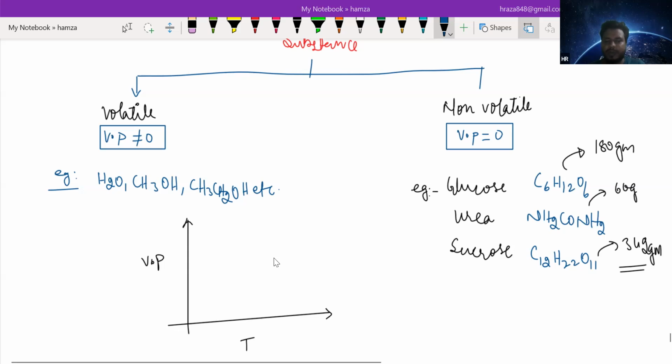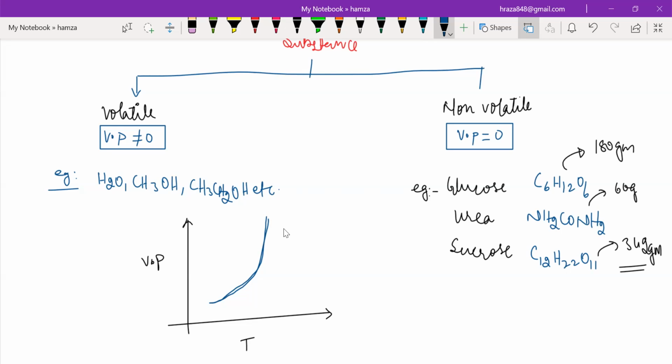Now see, the graph of vapor pressure versus temperature will be like this. With increasing temperature, the vapor pressure will increase, and a time will come when the temperature will be constant. That is the temperature at which all the substance will be converted into vapor. Is that clear, Hamza? Yes, sir.